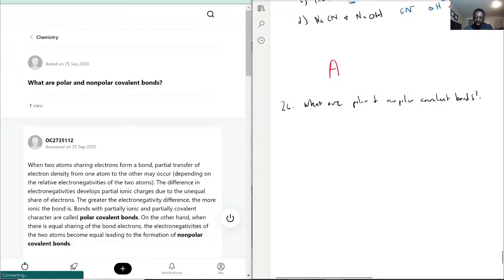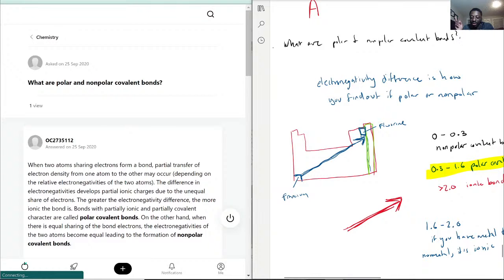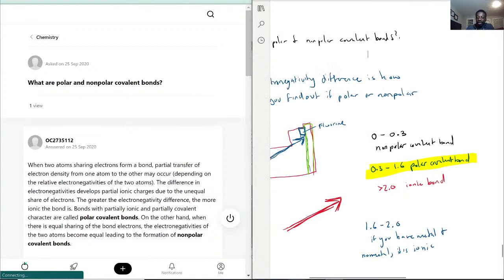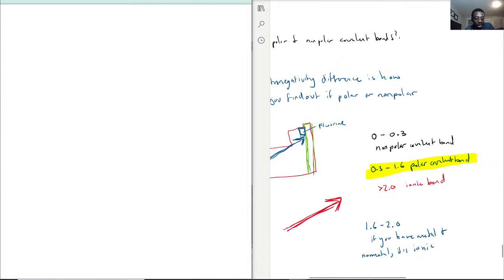So electronegativity difference, as discussed earlier, I'm glad I pasted this down, increases from the bottom left to the top right, fluorine being the most electronegative and francium being the least electronegative. Non-polar covalent bonds fall in this range of electronegativity difference. The most typical one you'll see, at least if I remember correctly, is carbon and hydrogen.